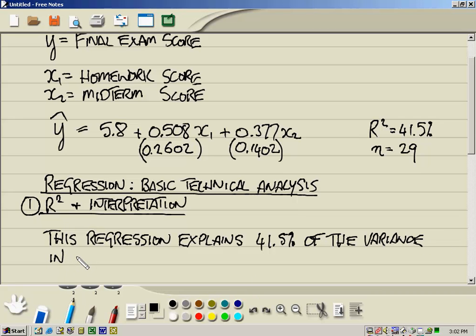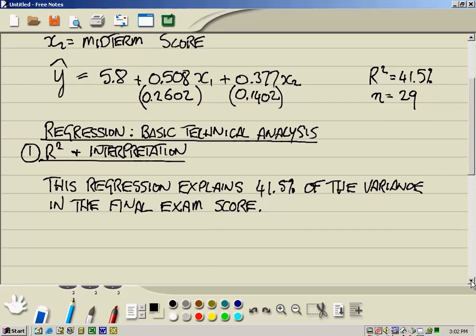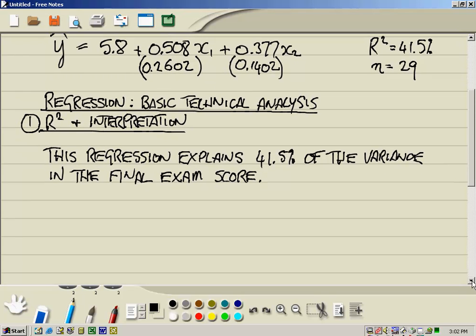Instead of saying y variable, we'll write down what it is, the final exam score. Okay, and that's it. Don't have to embellish it by telling anybody what the x variables are. The x variables are contained in the expression, this regression. Alright, so that's the interpretation of the R squared. And as before, that R squared is not very good.